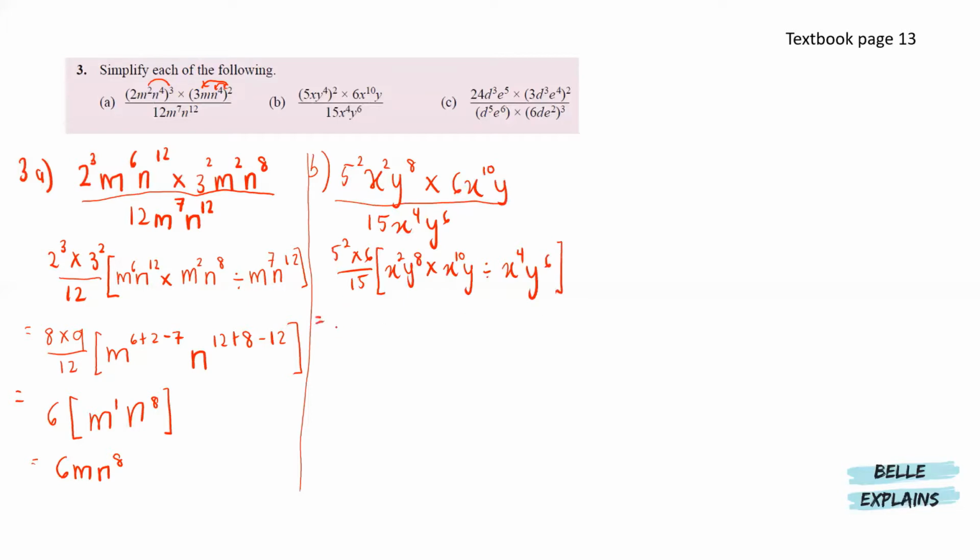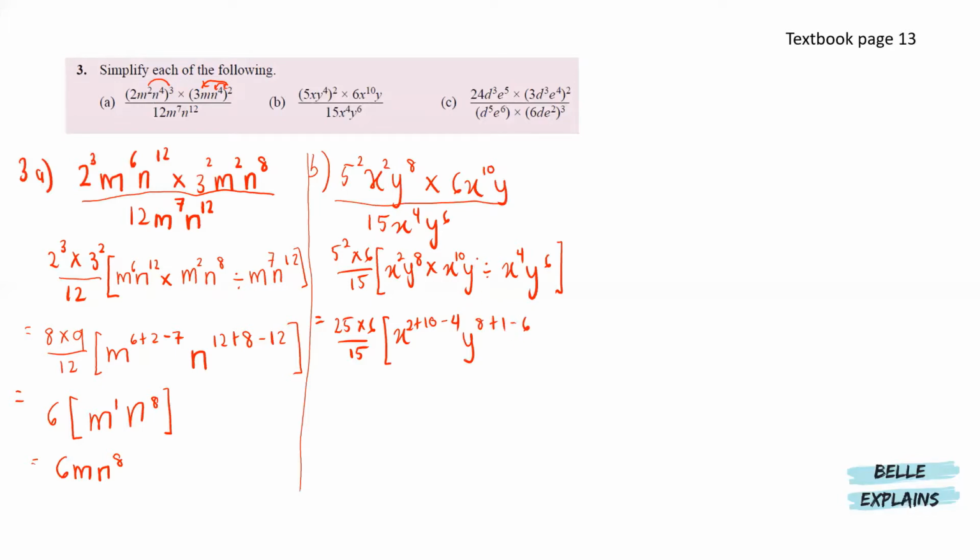So let's simplify this further. We have 25 times 6 over 15. In the bracket, we have x. Multiplication means plus, so 2 plus 10, and then divide, so we'll minus 4. And for y, we'll do the same thing, 8 plus 1 minus 6.